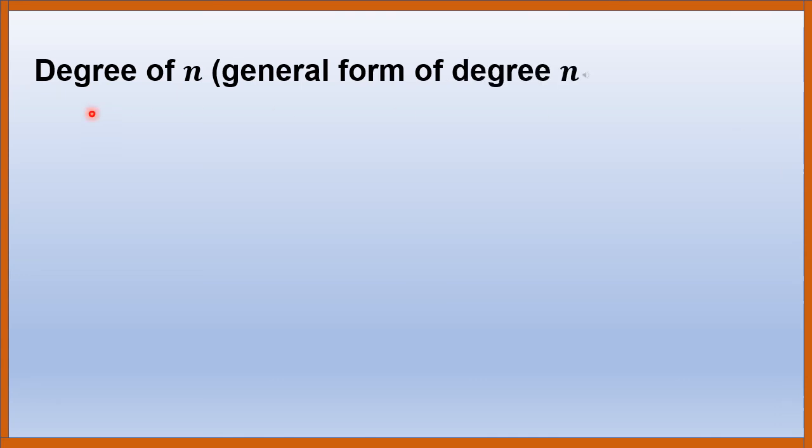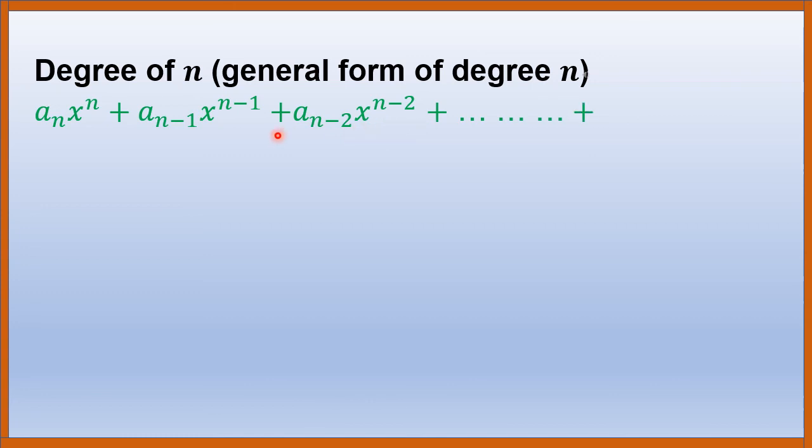Degree of n. The general form of degree of n is written as an x raised to n plus an minus 1 x raised to n minus 1 plus an minus 2 x raised to n minus 2 plus up to a1 x raised to 1 plus a0.